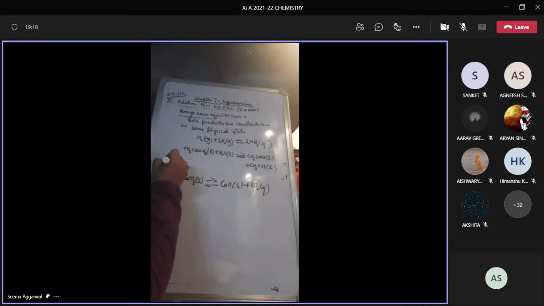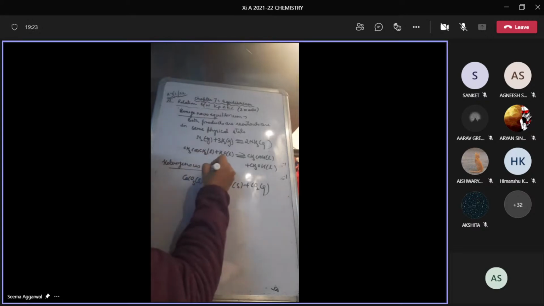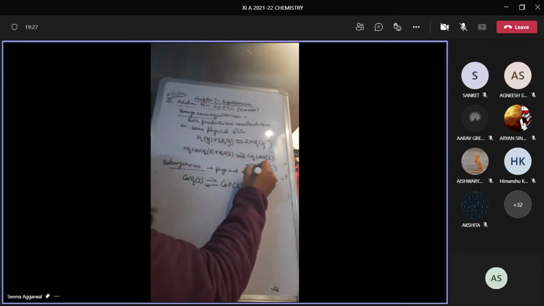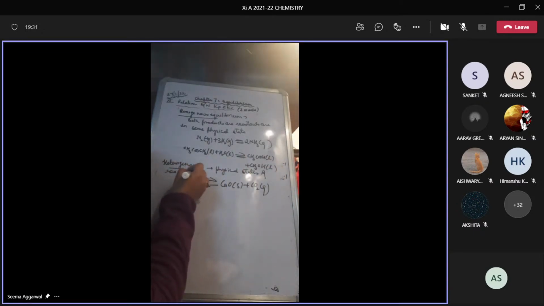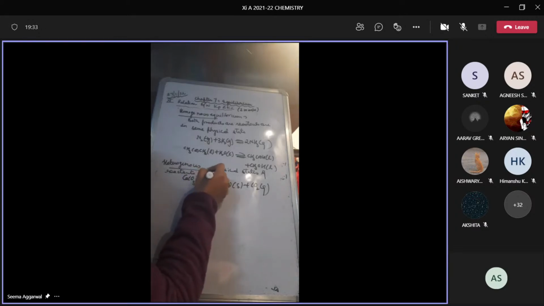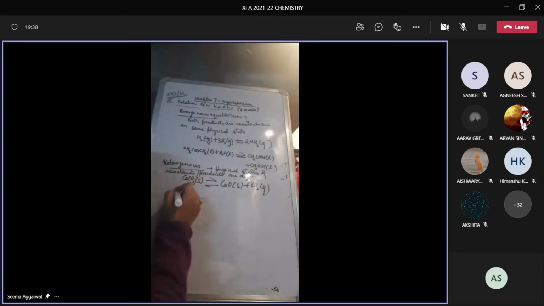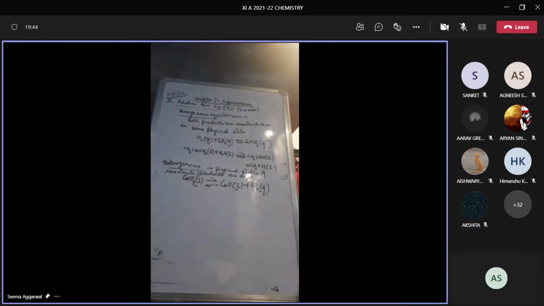Heterogeneous means physical states of reactants and products, any of the reactants and products, are different. So this is an example of heterogeneous. Like here it is solid, solid, but gas. So if anyone is in a different physical state, then it will be called as heterogeneous.